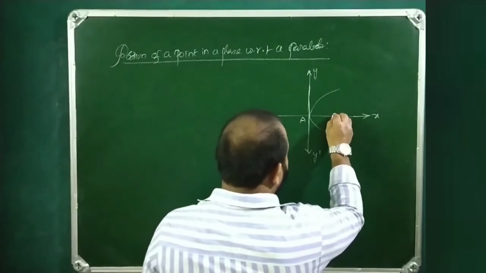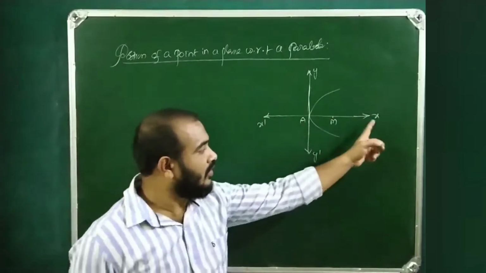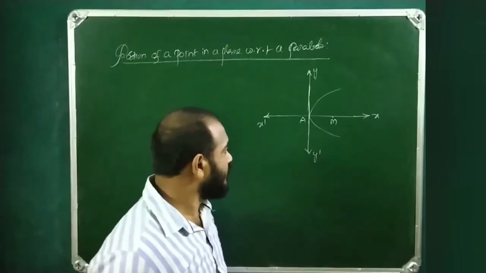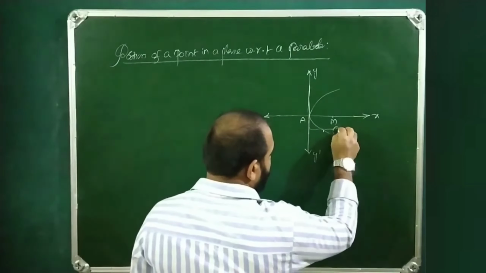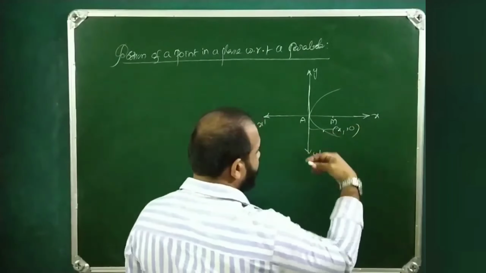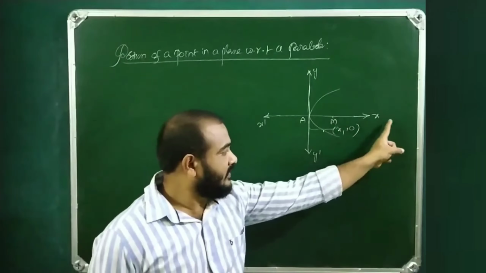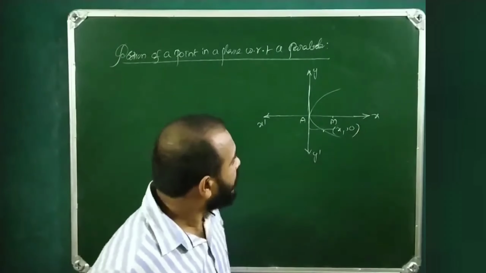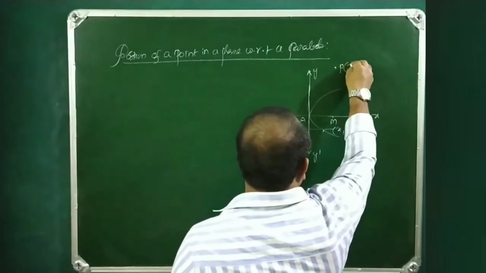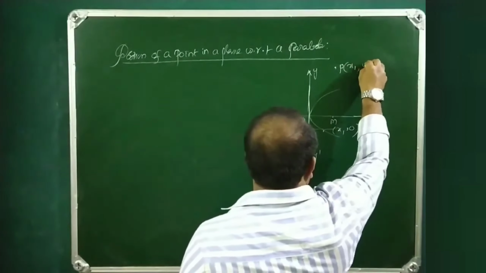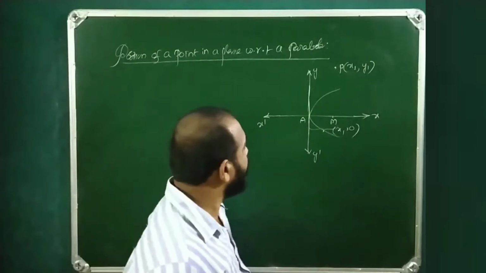Let us suppose that M is a point on the x-axis at a distance of x1, so this is (x1, 0), since this point M is lying on the x-axis, its y coordinate is 0. Let P(x1, y1) be any point in the plane.